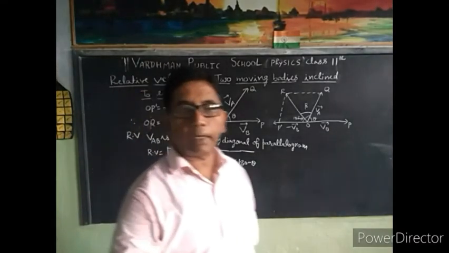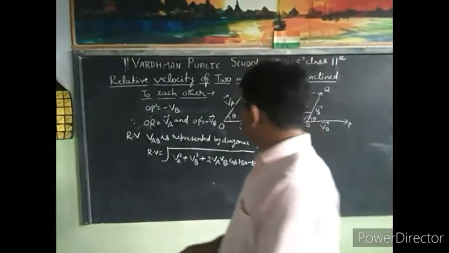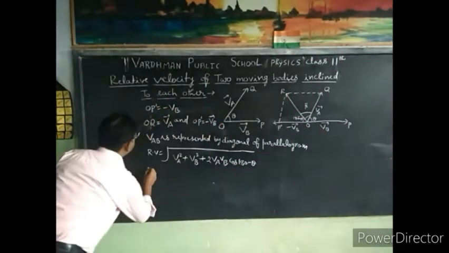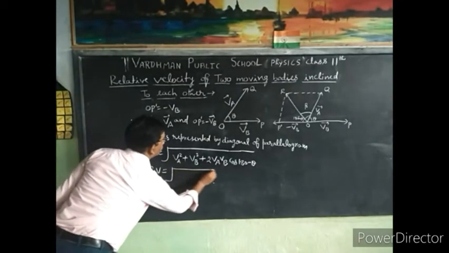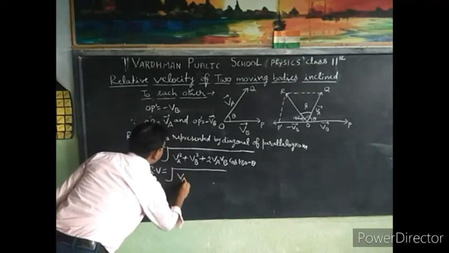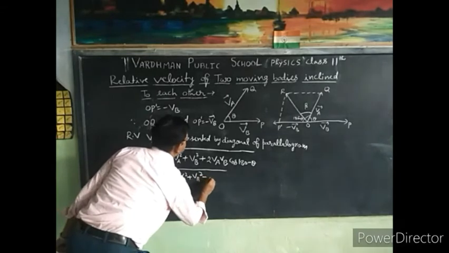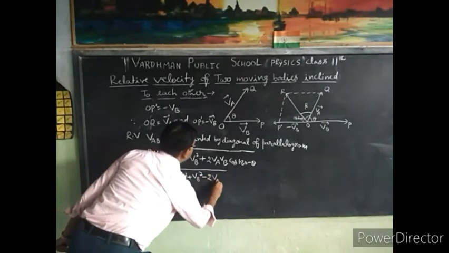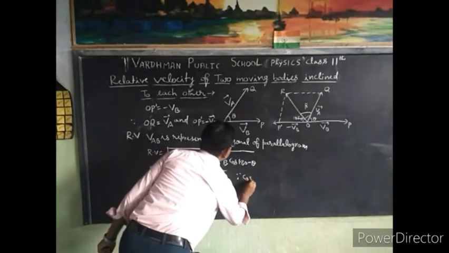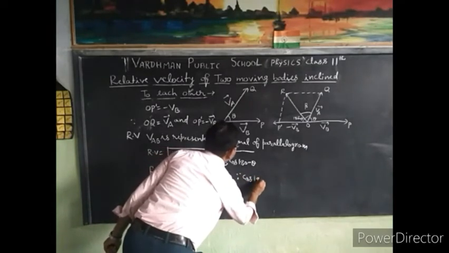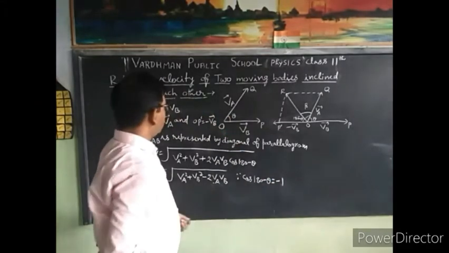Since cos (180 minus theta) is equal to minus cos theta, the relative velocity is equal to under root Va square plus Vb square minus 2 Va Vb cos theta.